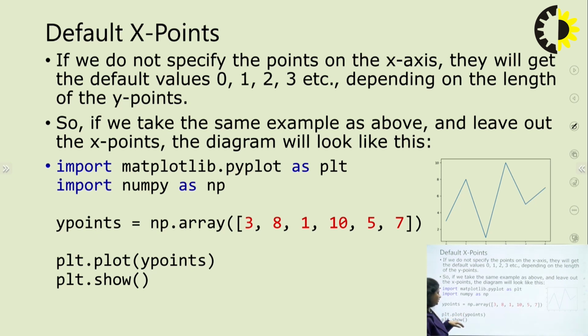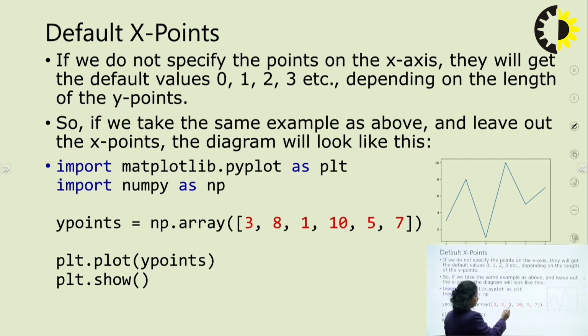After that, plt.show is going to show the graph of these points. So the graph will be like this. For 0, the first point is considered as 0 to 3. Another, the second one is 1 to 8.